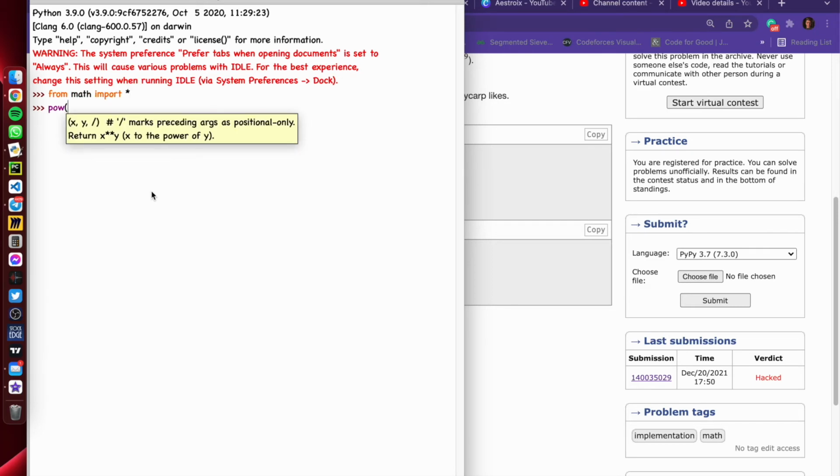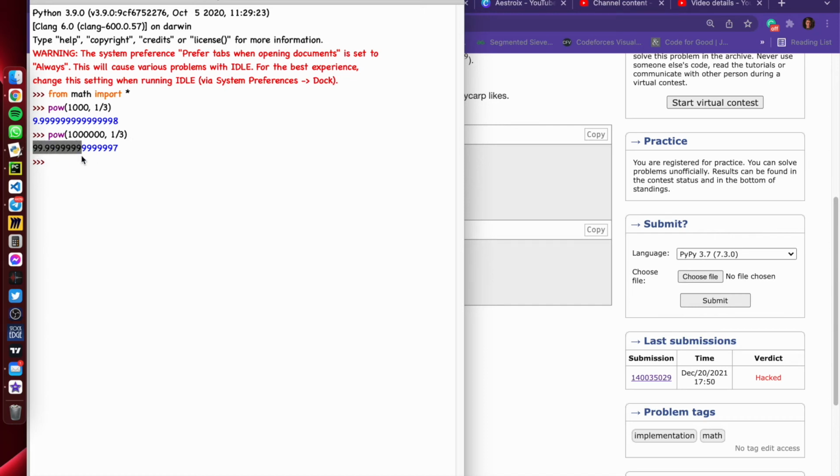Suppose there's a number which is a power multiple of 3. What I mean is, it's 10 power a multiple of 3. That means it can be 3 zeros, and if I take the 1 by 3 power, it will return 9.99. Similarly, if I take 3 more zeros, it will again be a power of 3, and it will return 99 point something.